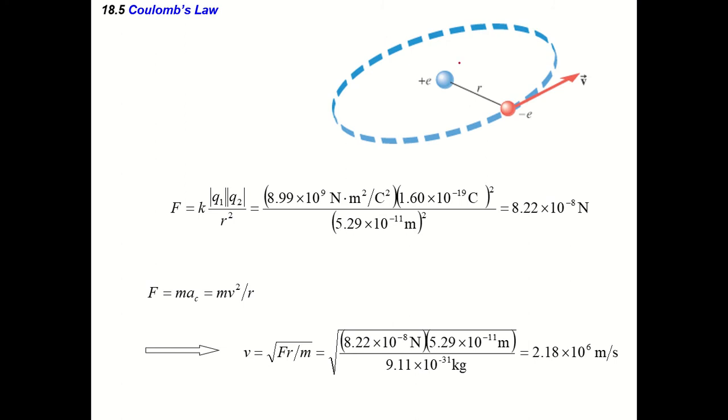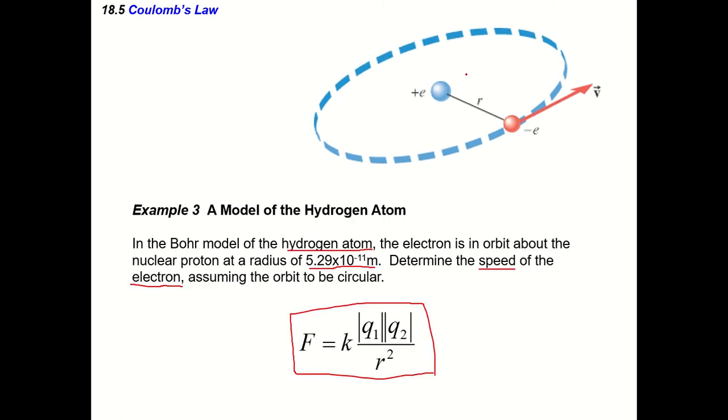This is the illustration of the problem, the Bohr model. The orbit is circular, this is the radius, and this is the direction of the velocity of the electron as it orbits in a circular fashion.